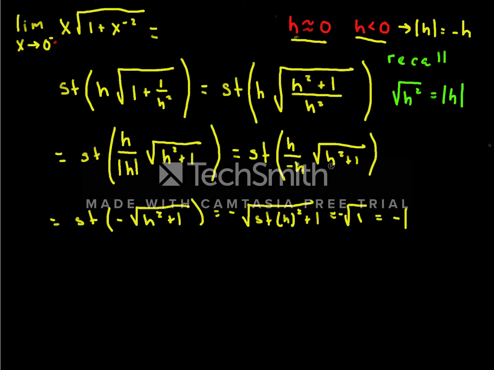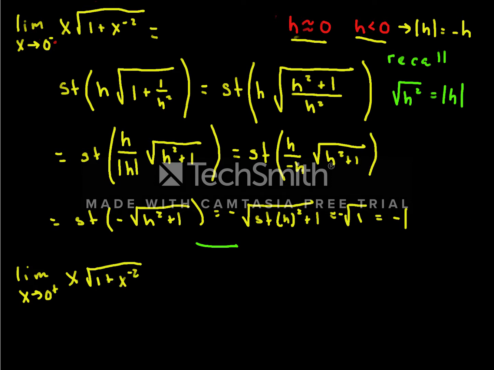If we were to look at the other end, so let's look at the limit from the right. So the limit as x approaches 0 from the right of x times the square root of 1 plus x to the minus 2.